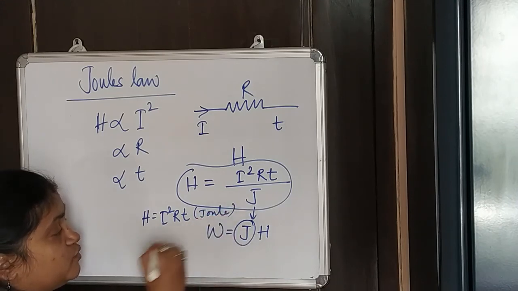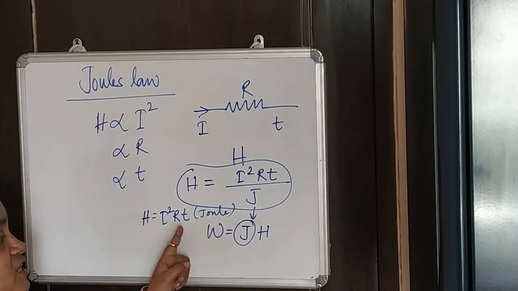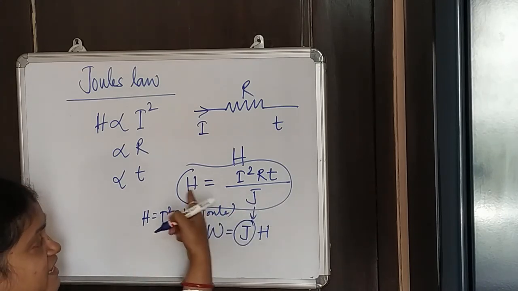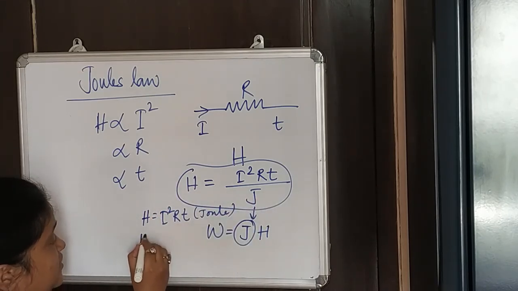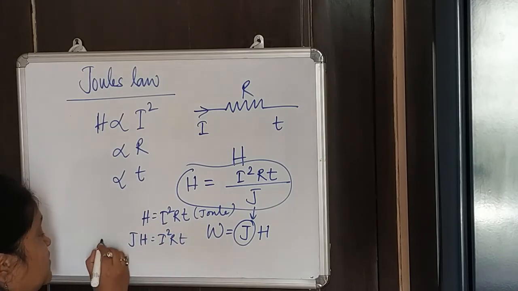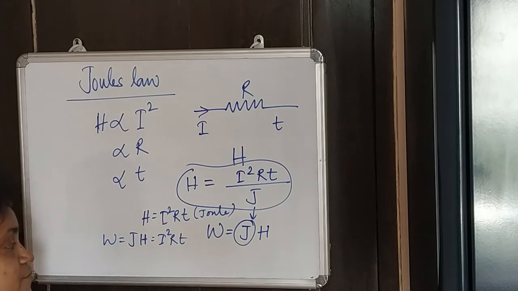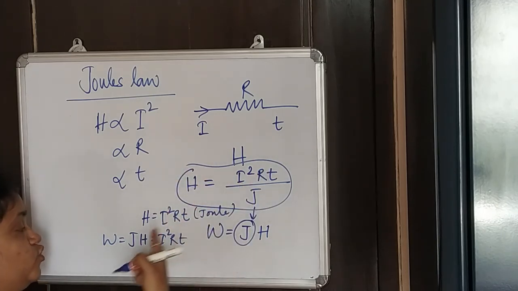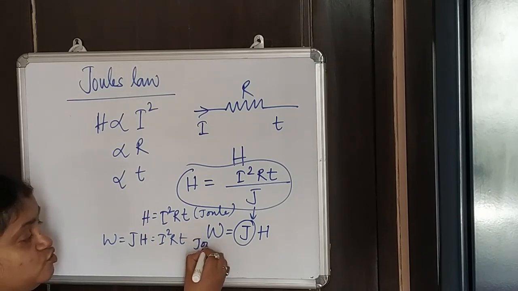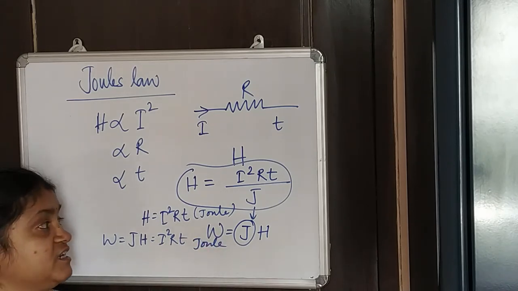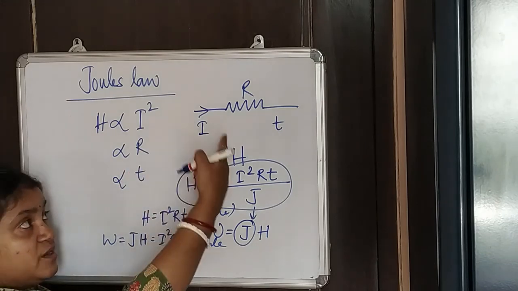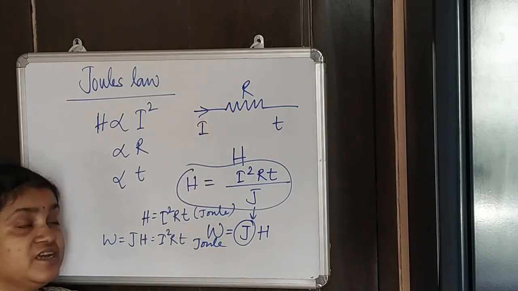In the unit joule, I square R T amount of heat would be produced, or this can also be written as JH equals I square R T, which is nothing but the work done. So the circuit would do I square R T joule of work. So this is Joule's law, which gives how much heat would be produced in the current circuit.